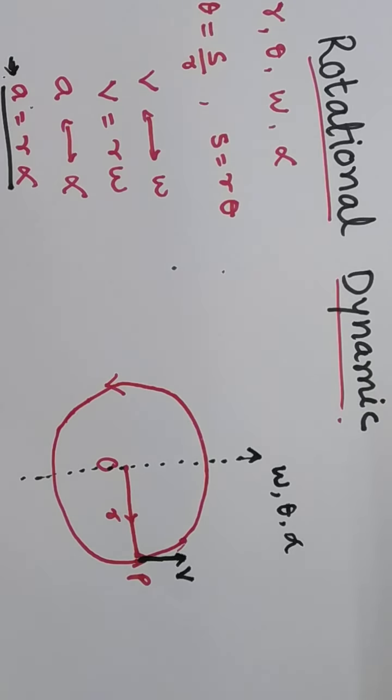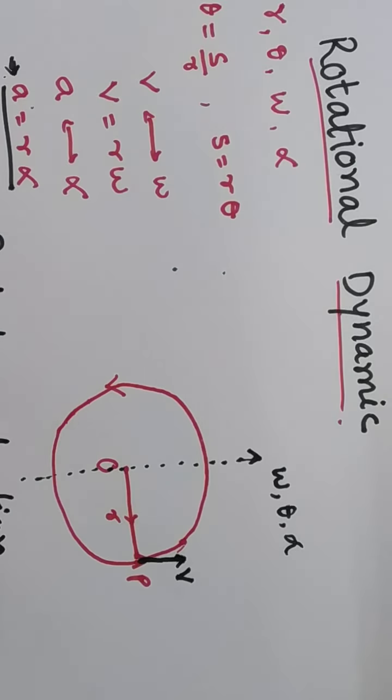Linear acceleration in circular motion is also called radial acceleration, and it is also called centripetal acceleration. Later on we will discuss it. What is the meaning of centripetal? But here at this point, it is just considered that it is also called centripetal acceleration.